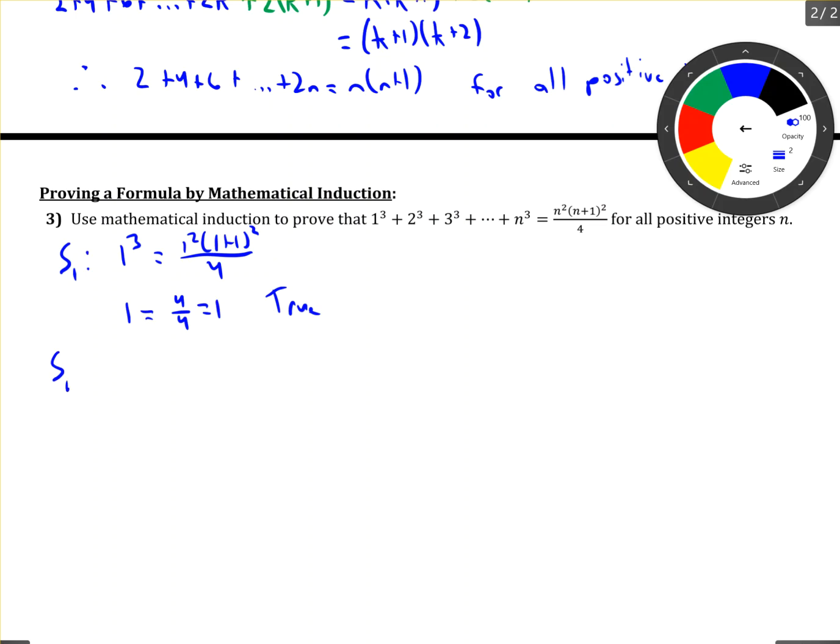So we get to assume S sub k is true. Let me even write that: assume S sub k is true.